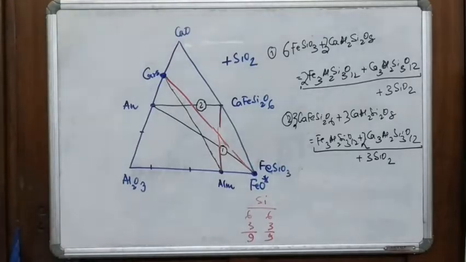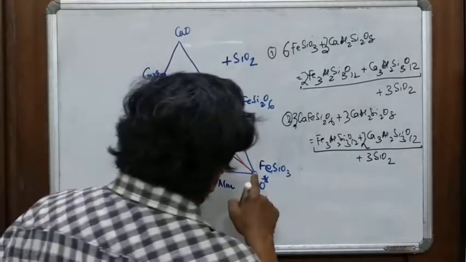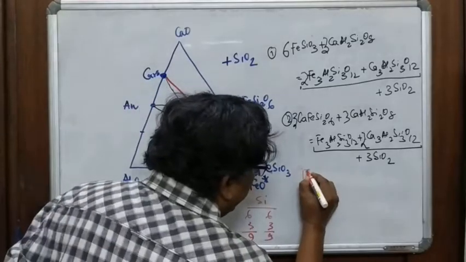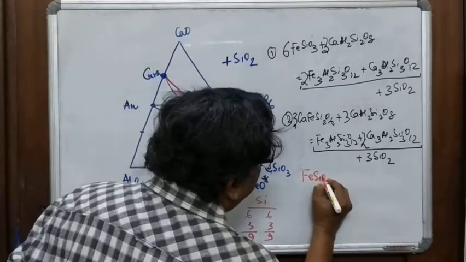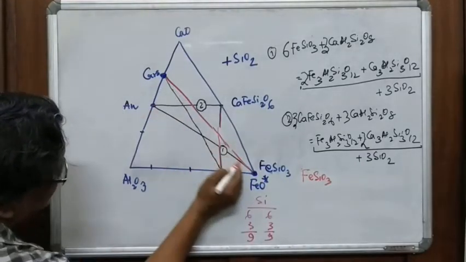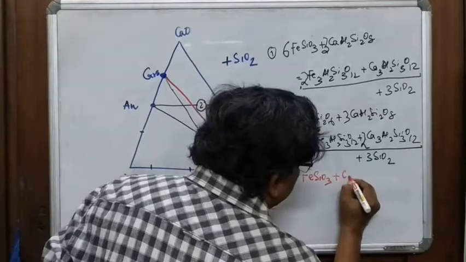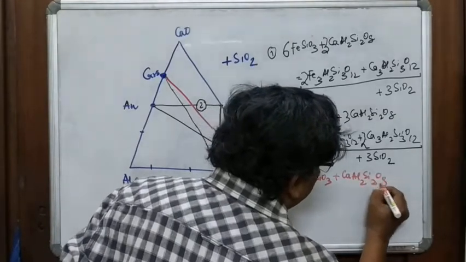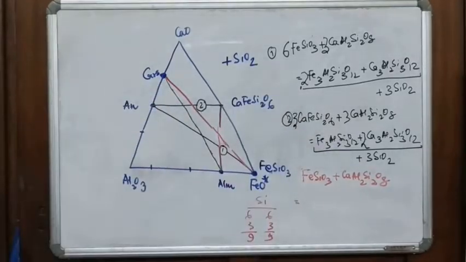If I take FeSiO3 plus anorthite, CaAl2Si2O8. Have you understood?